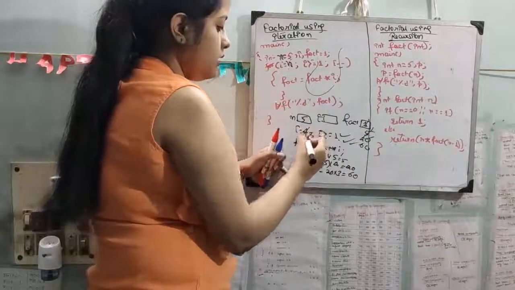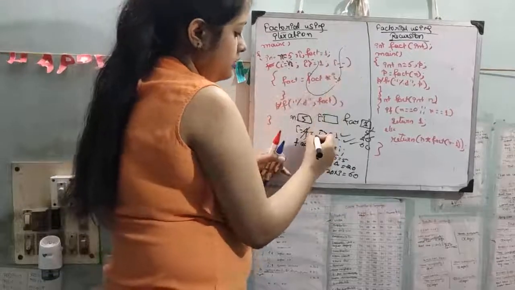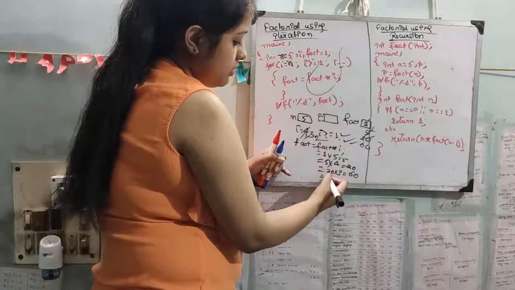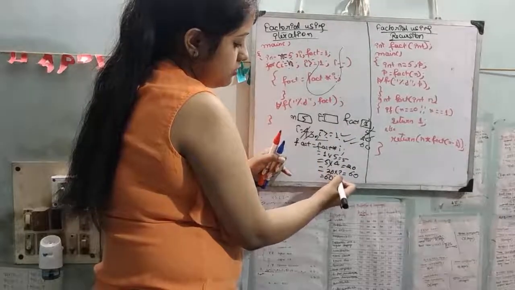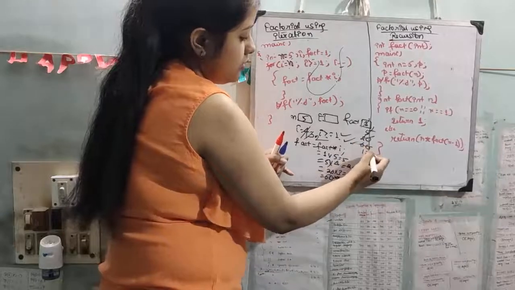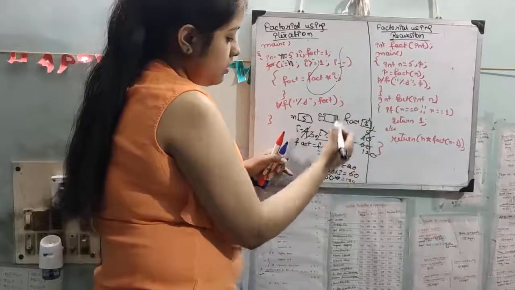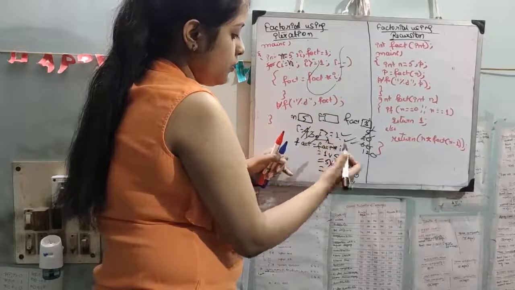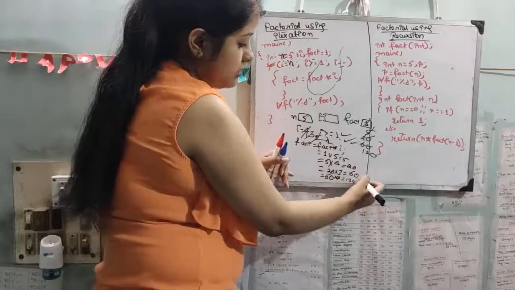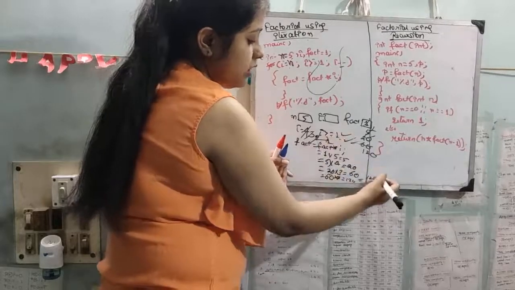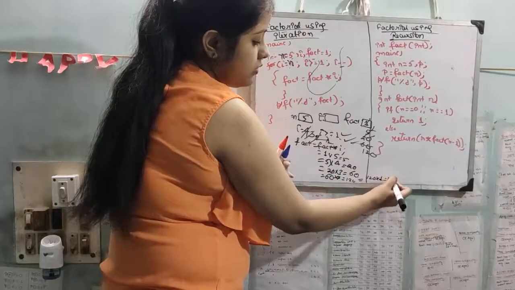Again I is decremented to 2. So 2 is greater than 1. So now 60 into 2 is 120. So 120 will be stored. Now I is again decremented to 1, and now fact is 120 into 1, which is 120.